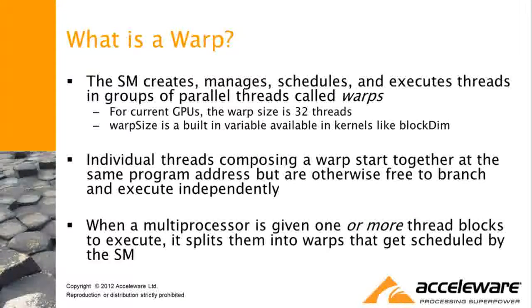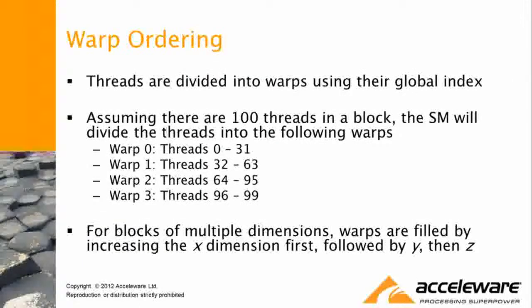If you branch inside a warp, at that point they're free to execute independently. Again, there are performance implications. And when a multiprocessor is given one, or more, thread blocks to execute, it's going to split them up into these small warp parcels, to be scheduled by the streaming multiprocessor.